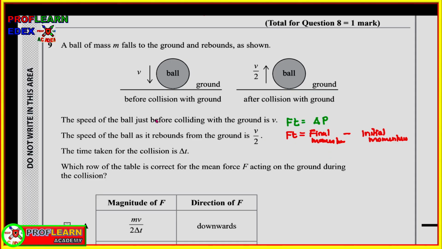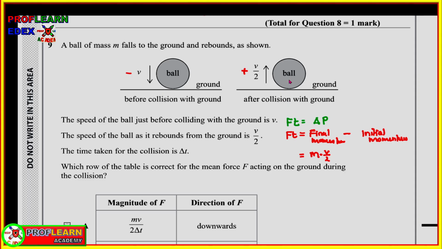Now in this case, if we take up as positive and down as negative, we can say that the final momentum was the mass, m, times v/2.